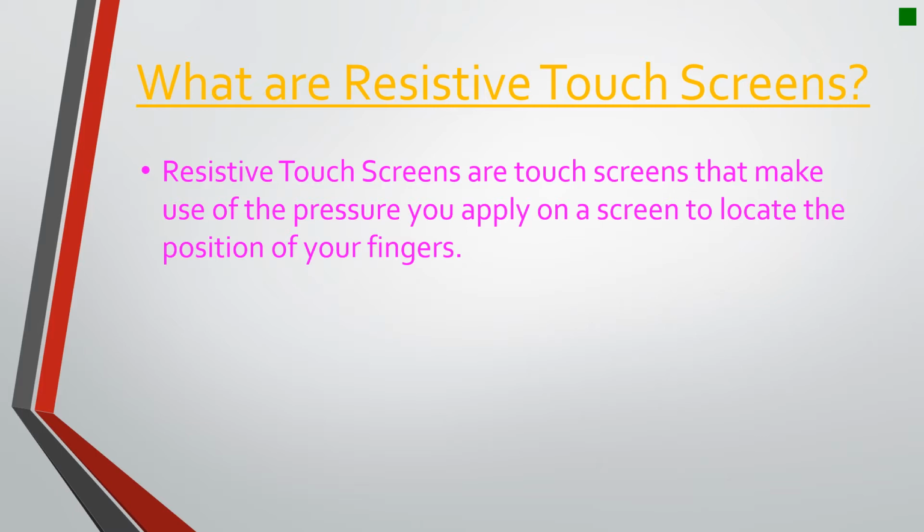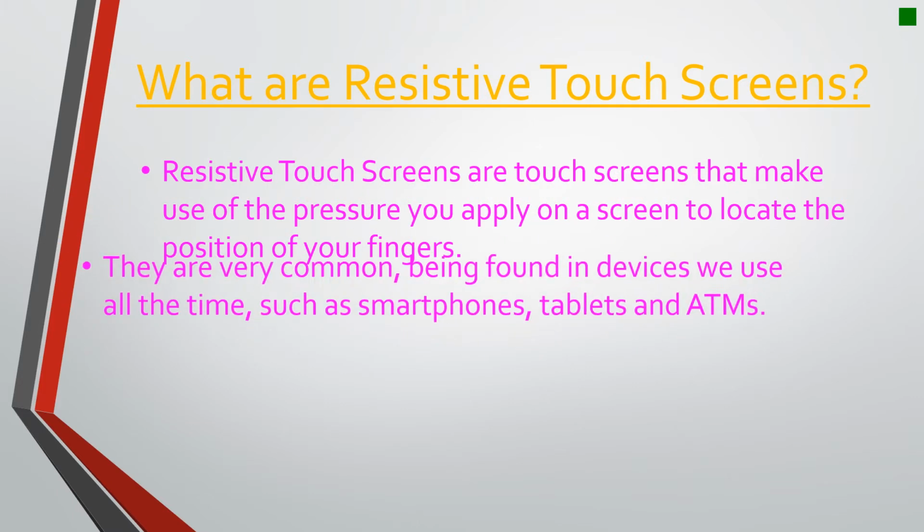Anyhow, the pressure applied on the screen is then used by the system software to locate exactly where that pressure was applied by detecting at exactly which point two layers, a resistive layer and a conductive layer, bend to touch each other.